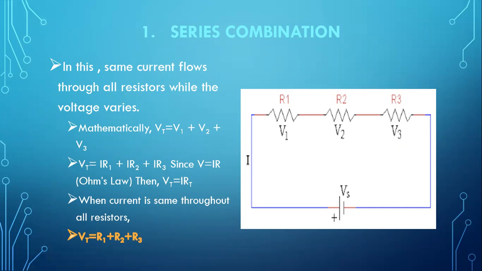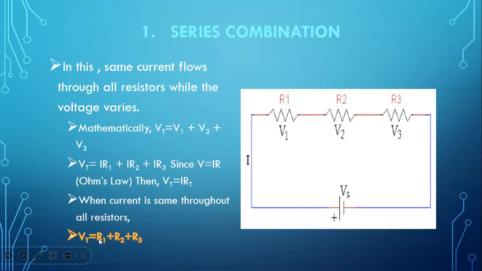Since current is the same throughout all the resistors, the current through resistor 1, resistor 2, and resistor 3 is the same as the current flowing throughout this whole circuit. So you can just remove the currents from these equations. What will remain is R total is equal to R1 plus R2 plus R3.